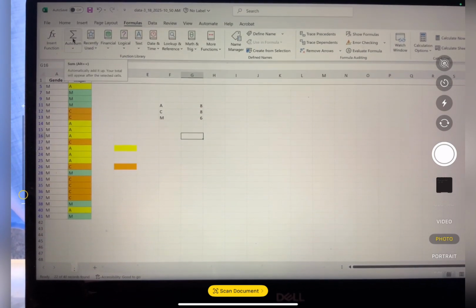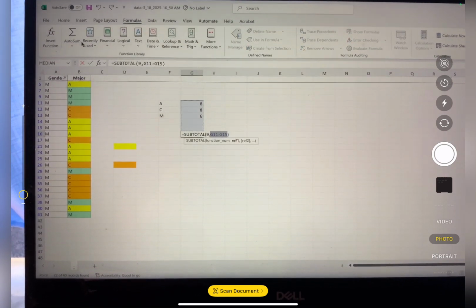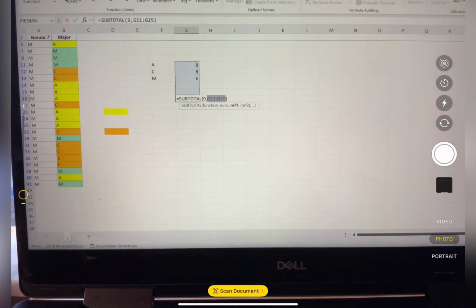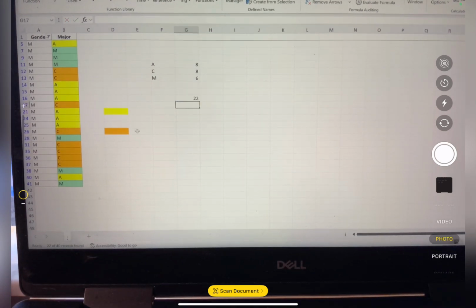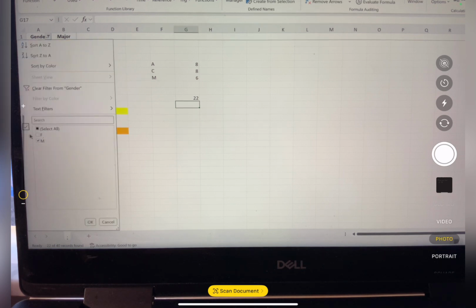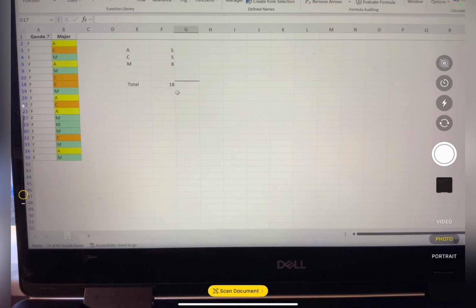Clicking this sum. There we go. And I'm clicking enter. So I got 22. So 22 male and 18 I had. Okay, so 18 and 22, 40, which is all correct. So this way I can make sure I didn't miss any count.